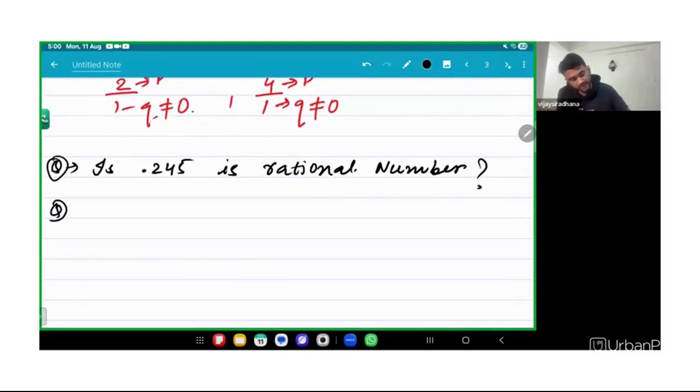Question number 2, and this is one of the important questions for your curriculum, be it IB, ICSE, CBSE, or anything: is 0 a rational number?